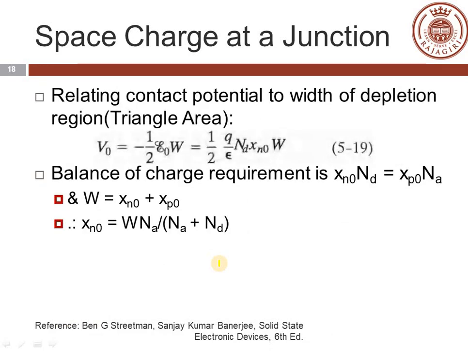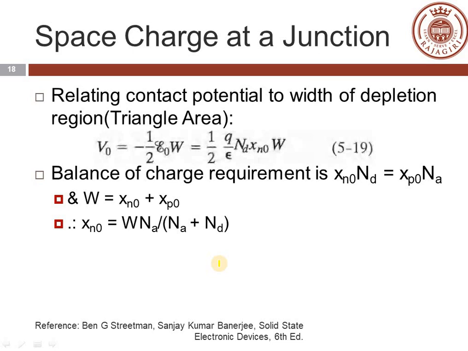Now, the balance of charge says that xn0 times Nd should be equal to xp0 times Na. As we discussed earlier, the transition region extends towards the n side by xn0, times the donor ions there, and similarly the transition region extends towards the p side by xp0, times the acceptor ions there, Na, and these should be equal.